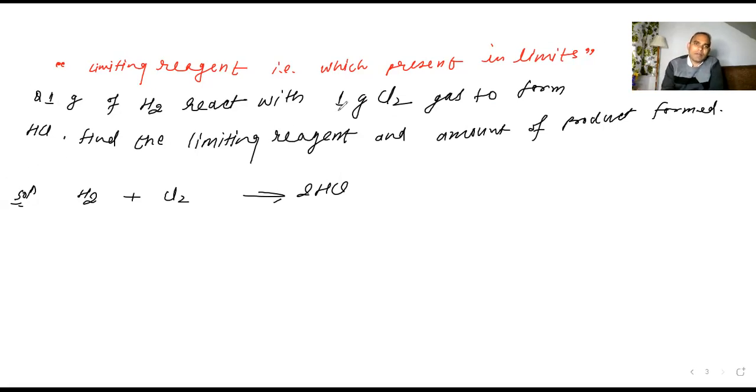So step number 1 I am applying. Keep in mind, what was step number 1? Can you remember step number 1? To balance the equation? It's already balanced. Today, what did we write for finding the limiting reagent? What do we need to do in step number 1 to find the limiting reagent?